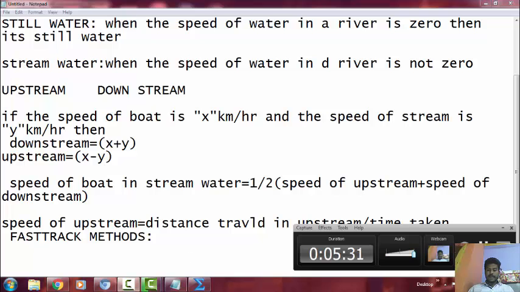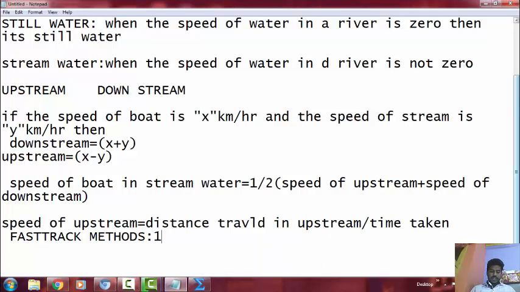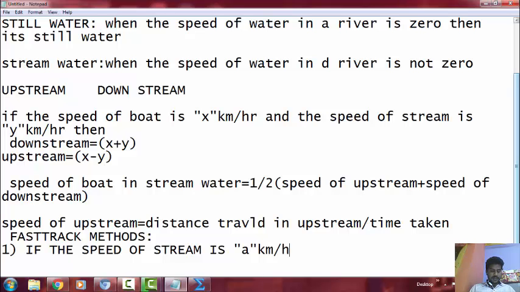First one: in this method, the speed of the stream is a kilometers per hour.